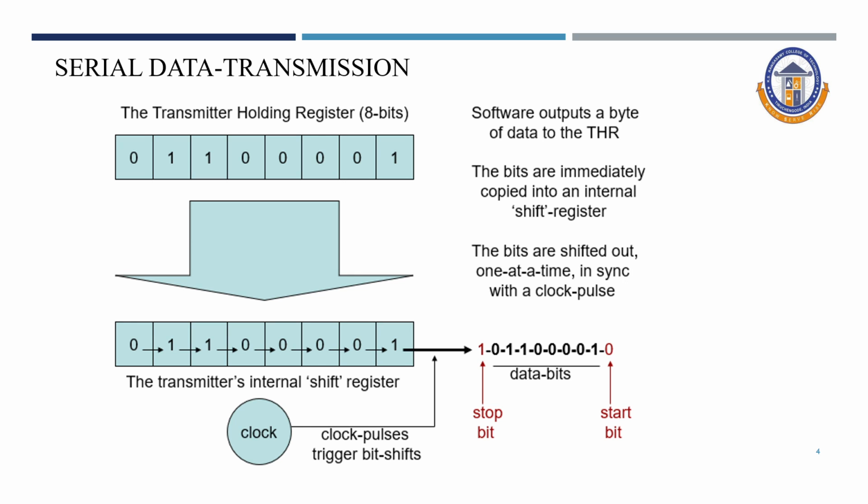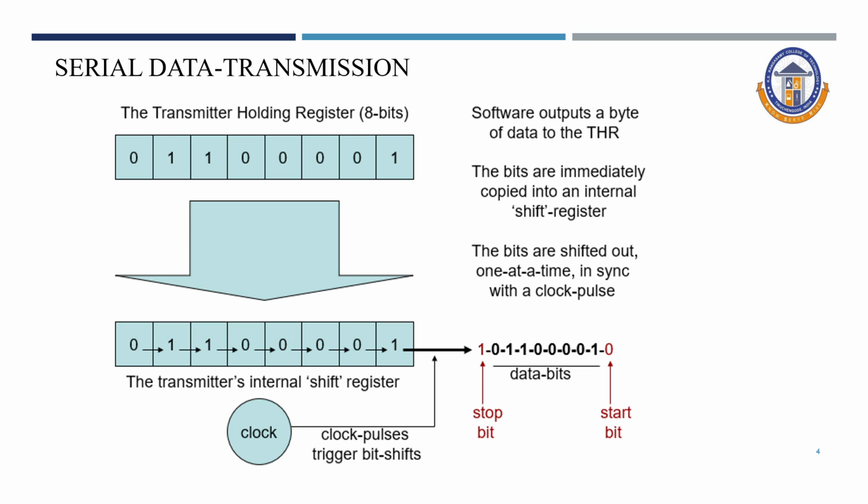Software outputs a byte of data, so all the data is transmitted from the device in the form of 8 bits. The transmitter holding register has the 8 bits of data.